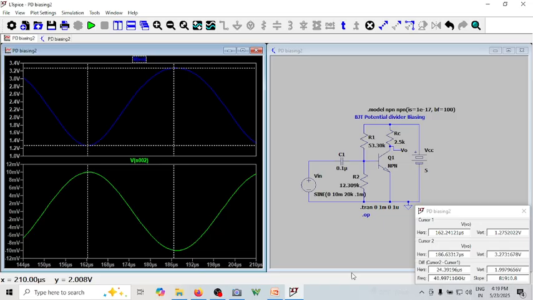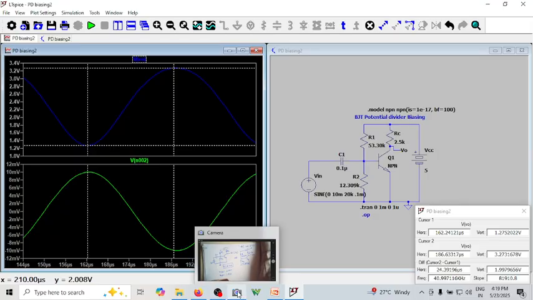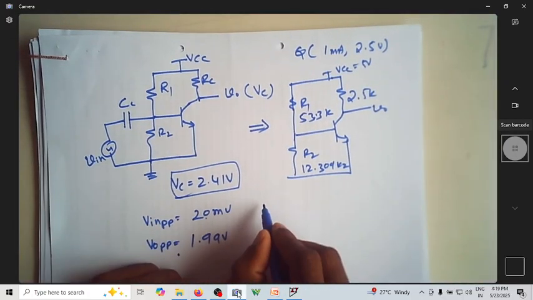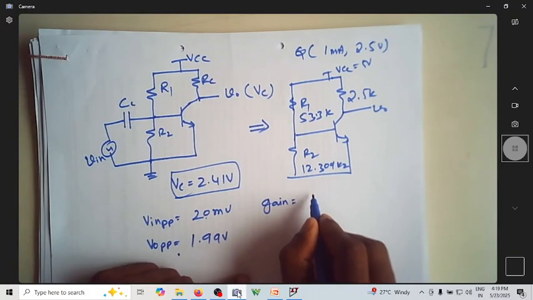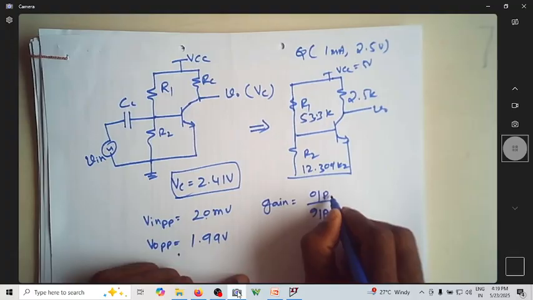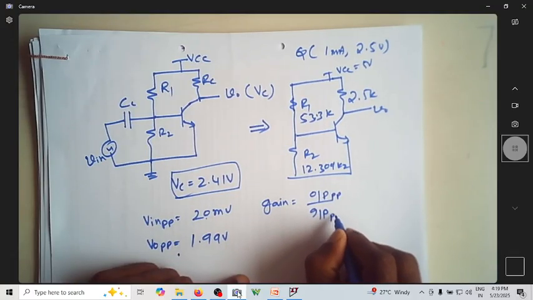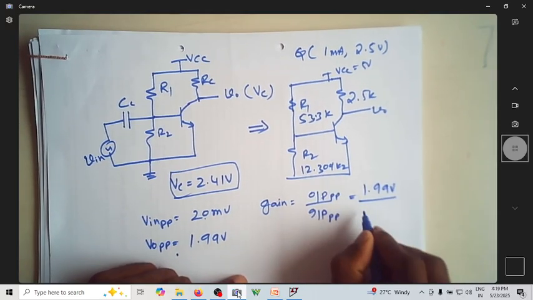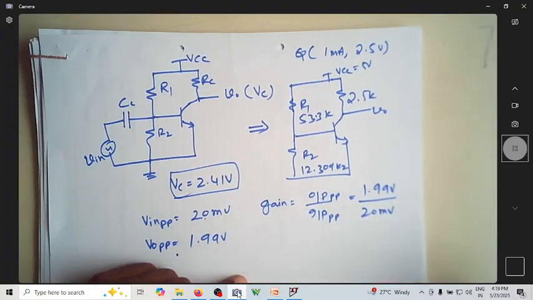This is what is the gain. This is the output voltage peak to peak, and this is the input voltage peak to peak. So what is the gain of the amplifier? Gain of the amplifier is output by input. Since I measured peak to peak, it is output peak to peak by input peak to peak, which is nothing but 1.99 volt by 20 millivolt.